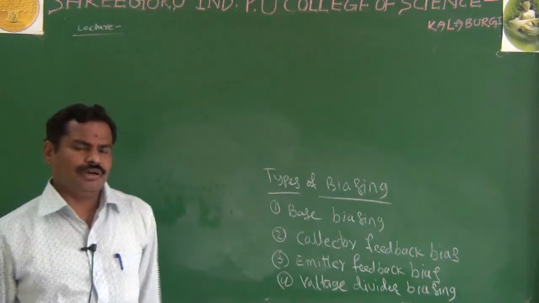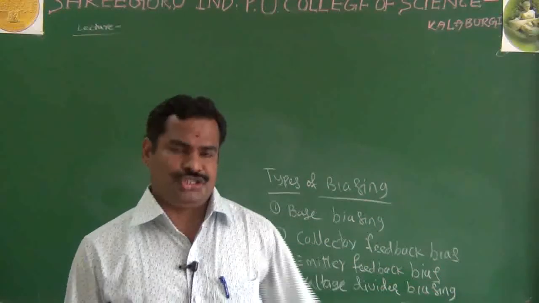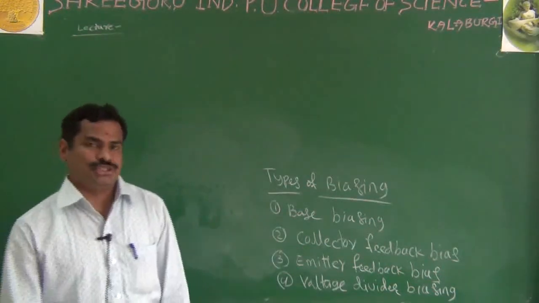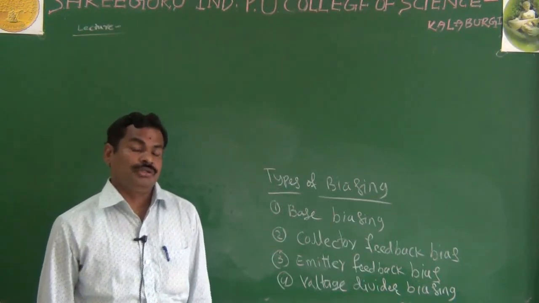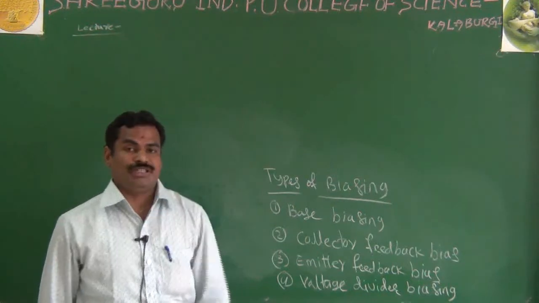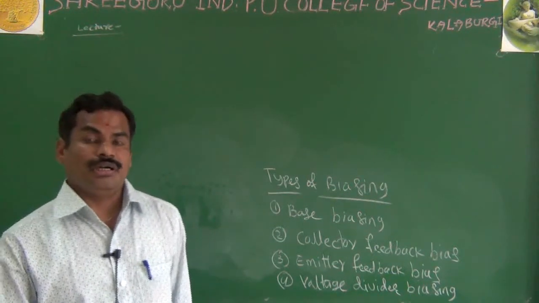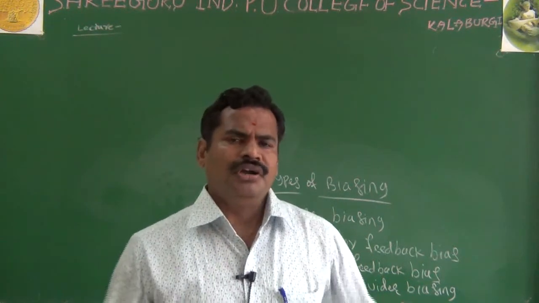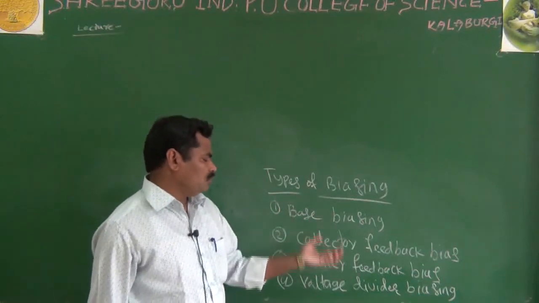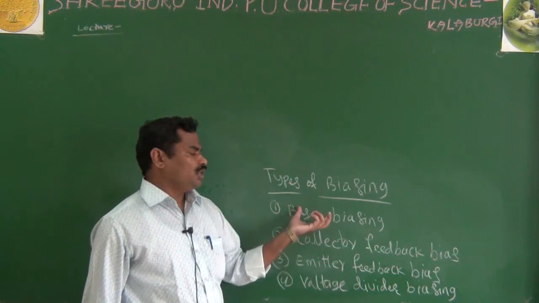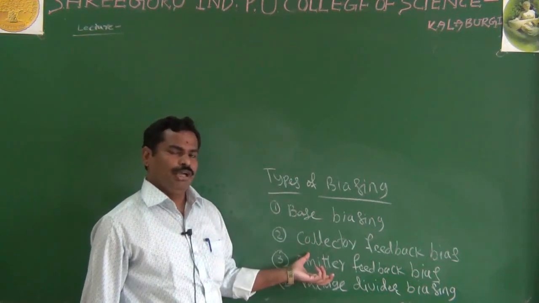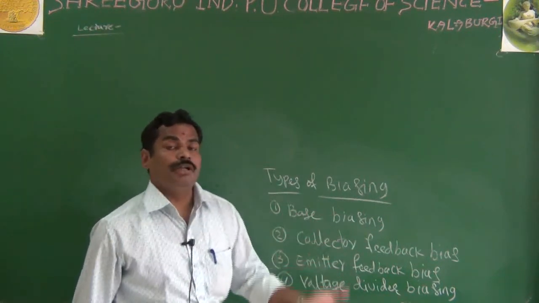You have already studied this in many cases in your transistors. As we know about the working of NPN transistors, what have you done? You have used two power supplies, one for the input, another for the output. Why do we use the different types of biasing? To avoid so many power supplies.